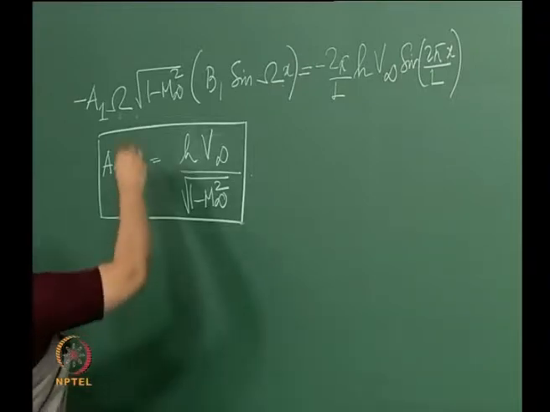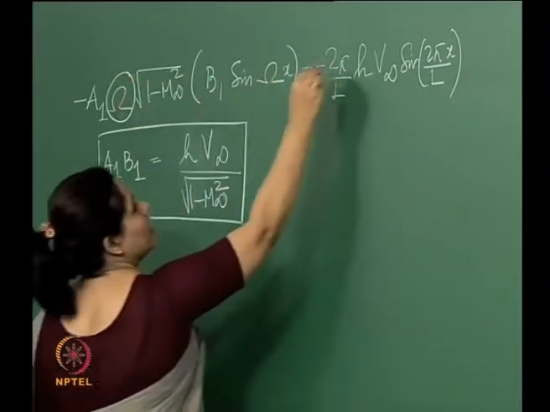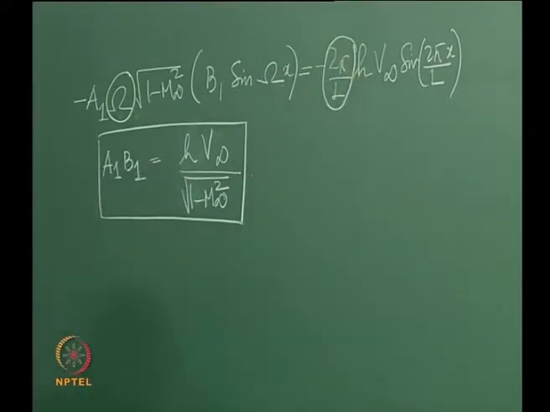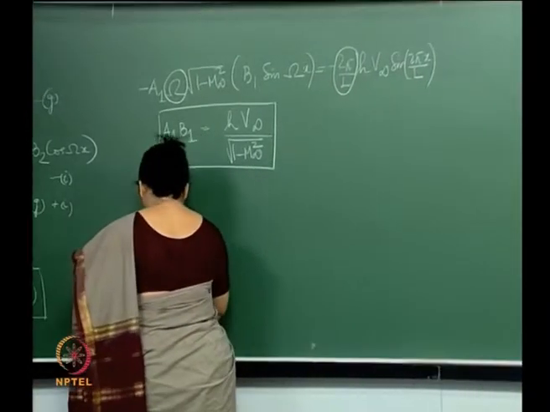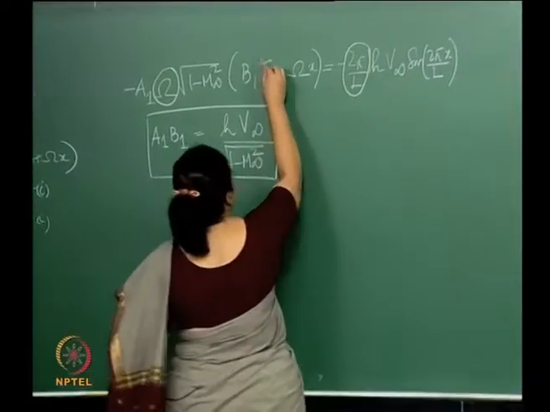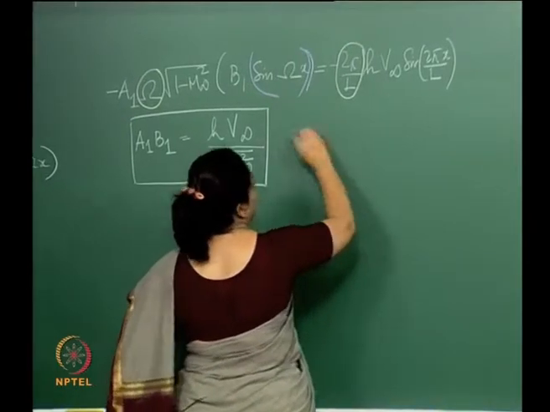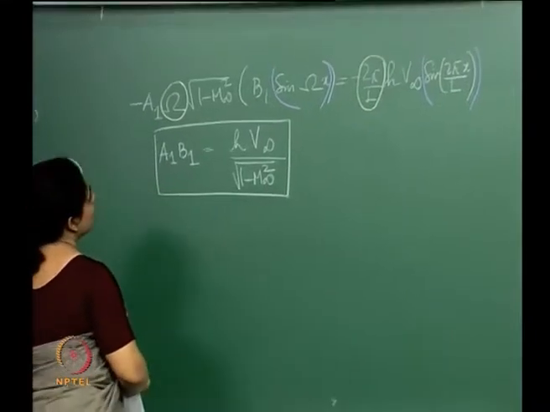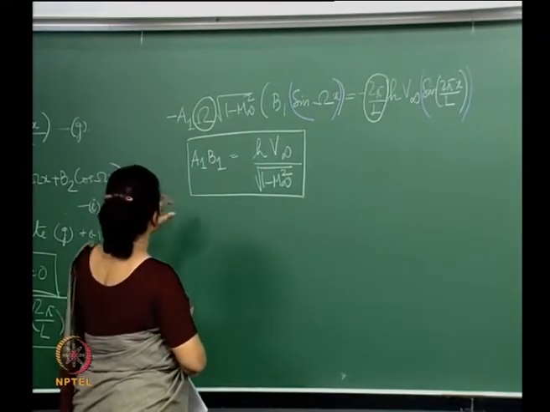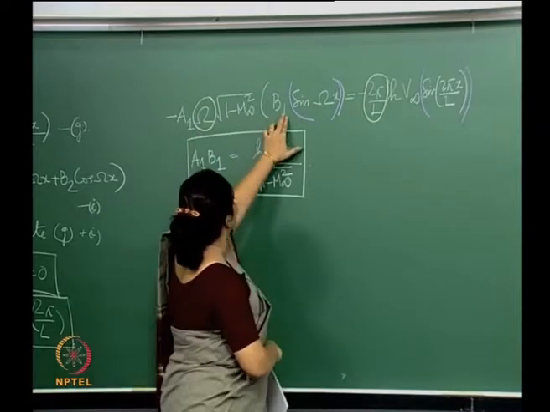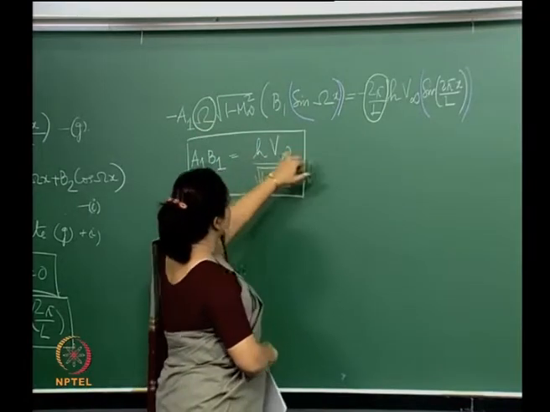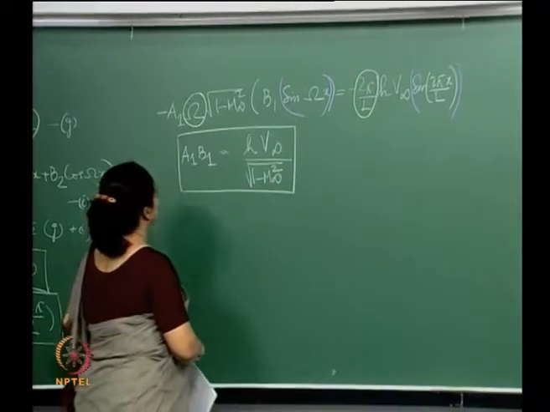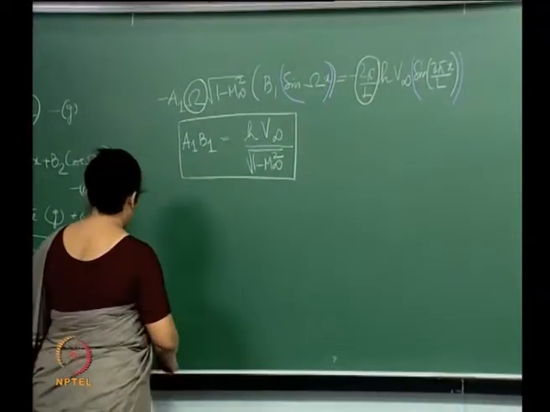Now this omega is equal to 2 pi by L, which we just found out, so they cancel out, and this term sine omega x is also the same, so they cancel out. So we are left with A1 into B1 equal to H V infinity here, and we take this down here. Therefore A1 B1 is equal to this.